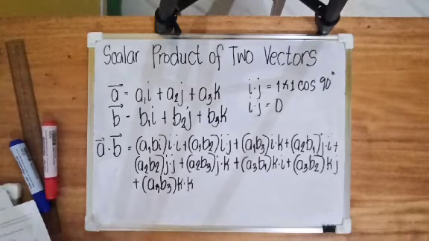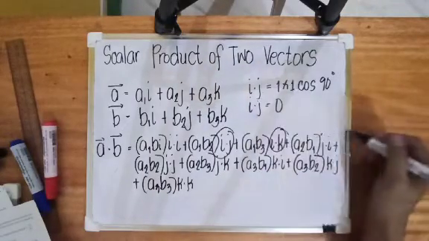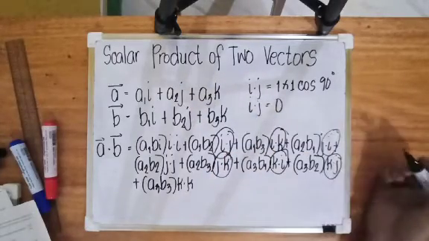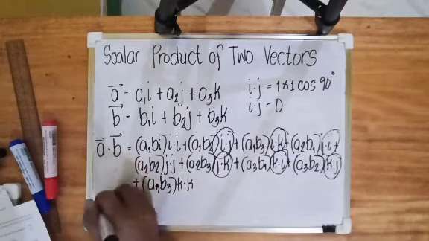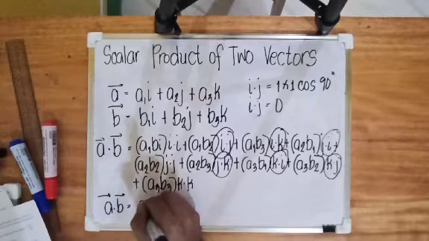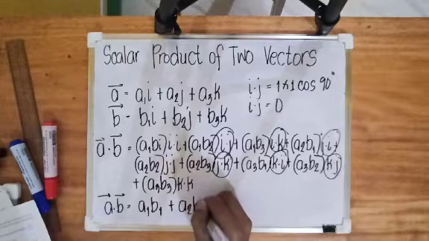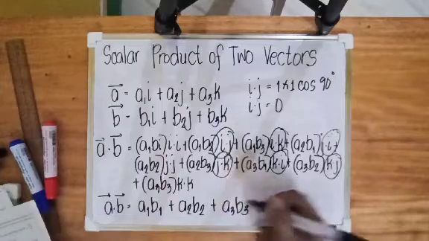So all the products of different unit vectors are equal to 0. So what remains in our A dot B is A1 B1 plus A2 B2 plus A3 B3.